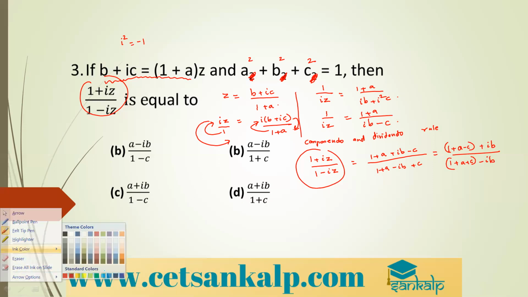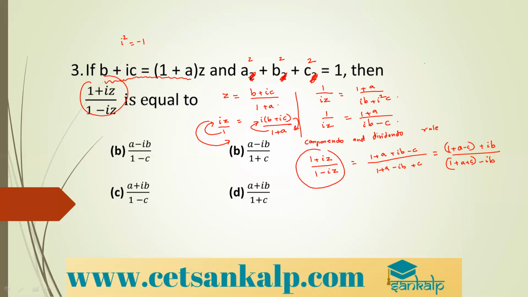Now, in the synopsis, I gave you a shortcut formula for multiplication and division. a plus ib by c plus id. First, the real part is ac plus bd by c square plus d square, plus i into the imaginary part, bc minus ad by c square plus d square.